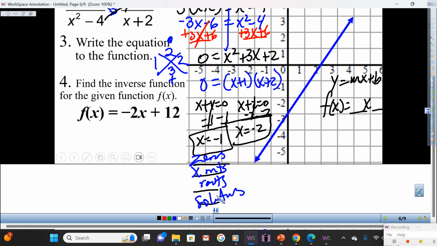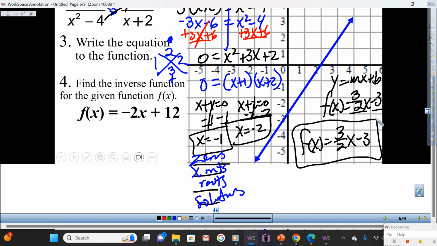All right, Danny, go. 1 1/2. Okay, but I want it in fraction form. 3/2 minus 3. So f of x equals 3/2x minus 3. That is correct. Hands, have you got something like that?